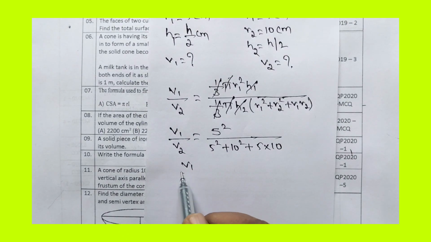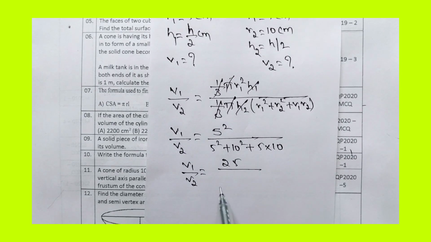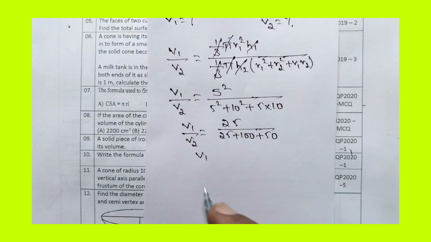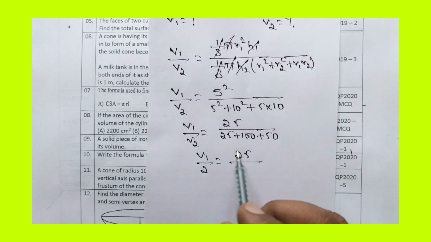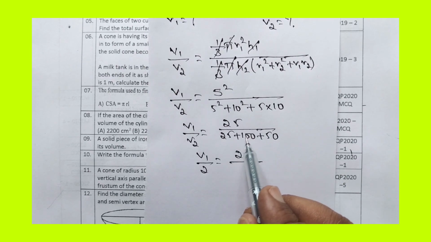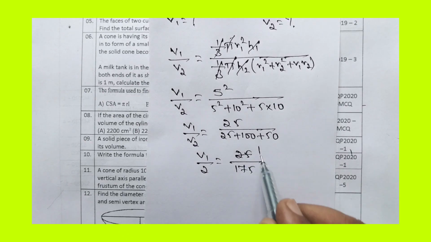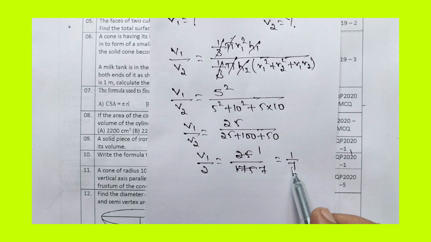So V1 by V2 is equal to 25 divided by 5 square is 25, 10 square is 100 plus 5 tens are 50. So V1 divided by V2 is equal to 25 divided by 25 plus 100, 125 plus 50, it is 175. 25 ones are 25, 7s, that is equal to 1/7.